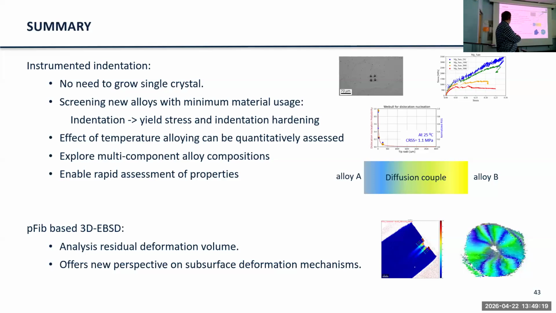And then the PFIB-based 3D EBSD really opens up a window to look into how the deformation is actually occurring in the indent. My last comment is that collecting this PFIB data took about 5 days. So it is a big experiment to do, and there's a lot of data to analyze, so you have to choose your experiments carefully.